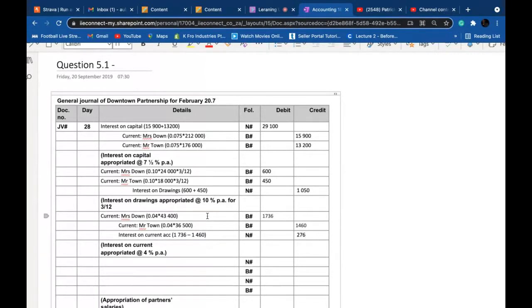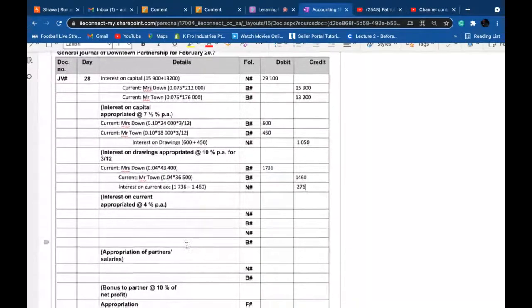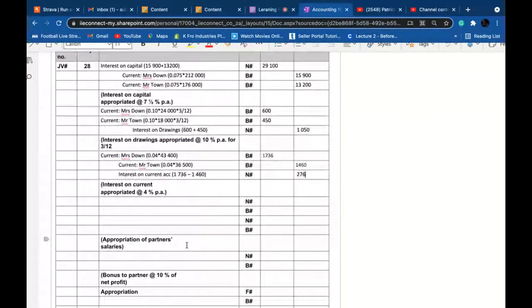Okay, right. So that's all that we need to do there. Then we go on. And that fourth adjustment they're saying there, the partners must receive the following annual salaries. These are not regarded as operating expenditure.